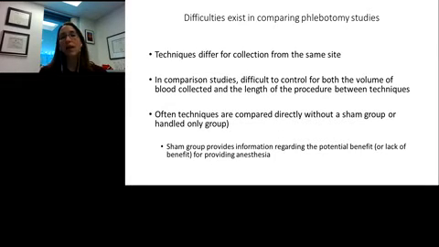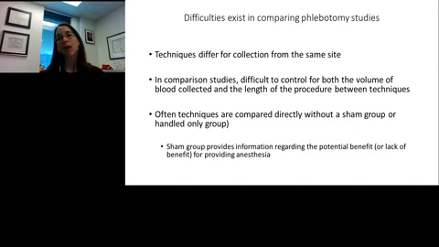I also noticed when I was doing a literature search on these phlebotomy method papers that often one phlebotomy technique would be compared to another or to several others without the use of an actual control or sham, a handled only group. And I think it's important to consider, if you're going to design an experiment that evaluates the impact of a phlebotomy method on mice, to include a sham group, because that provides potentially valuable information regarding the potential benefit or lack of a benefit of providing anesthesia or analgesia.